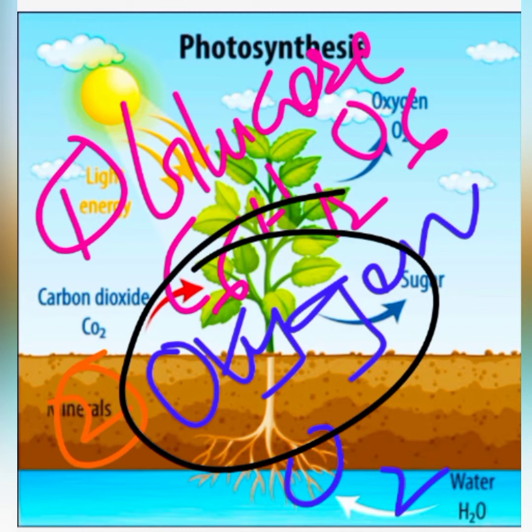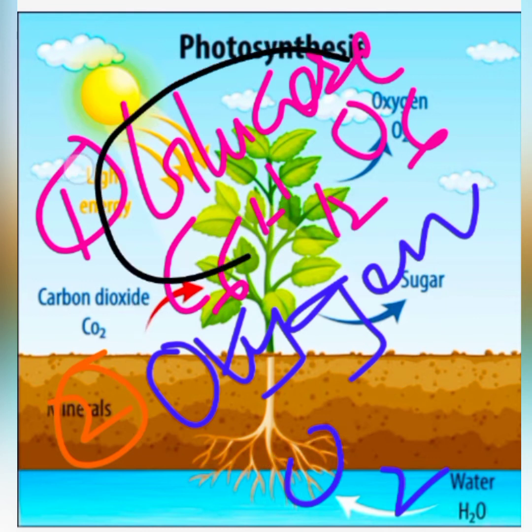They are stored mostly in the fruits, and fruits are consumed by us. The fruits contain proteins and all that, which is what we take in. That is why we should eat green vegetables and fruits.